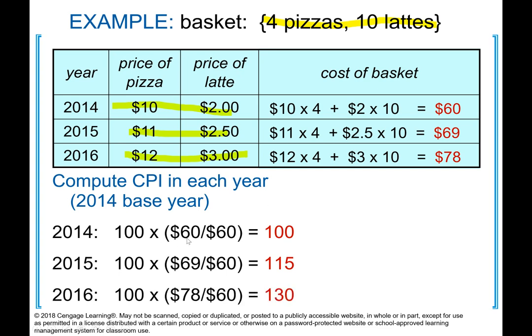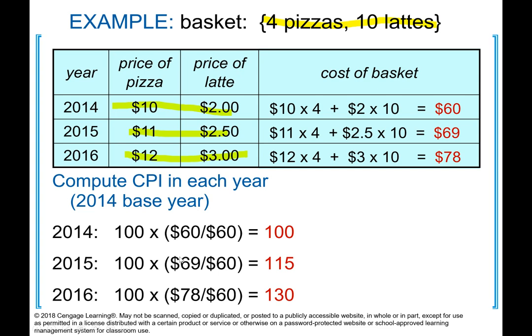What was CPI? Cost of the market basket in the current year divided by cost of the same market basket in the base year, times 100, is 100. Why? Because here the current year is the same as the base year. We are given that 2014 is the base year. And so 60 divided by 60 times 100 is 100. And by the way, CPI in the base year is always 100.